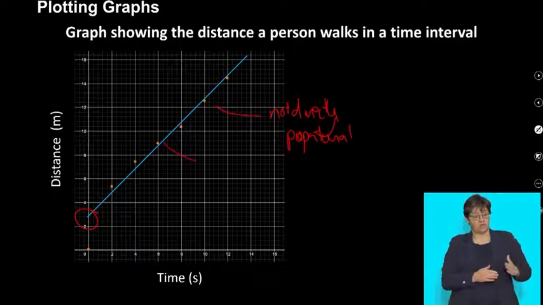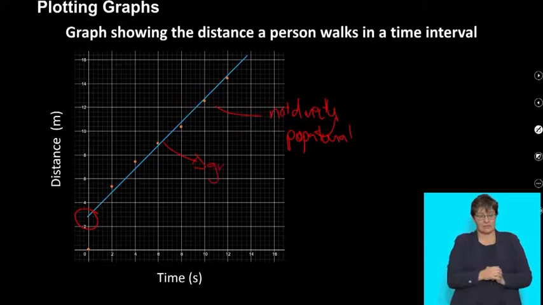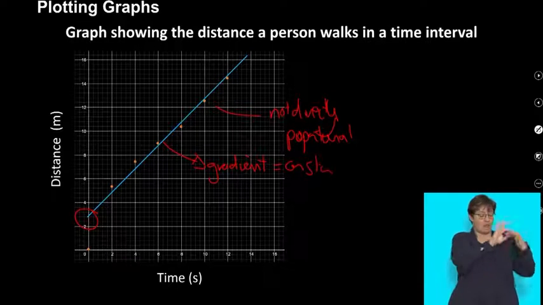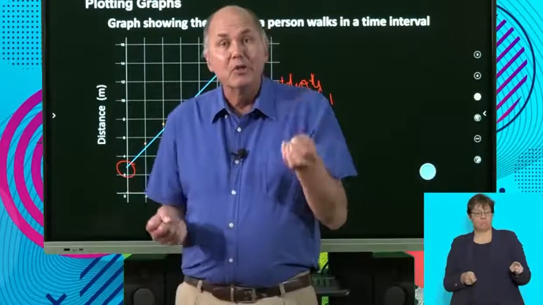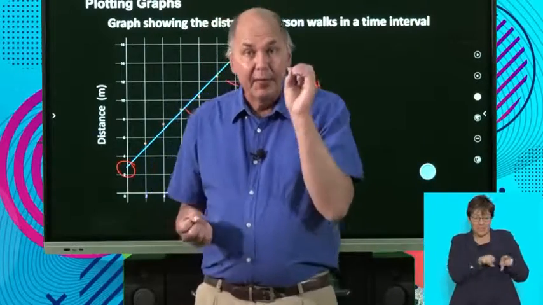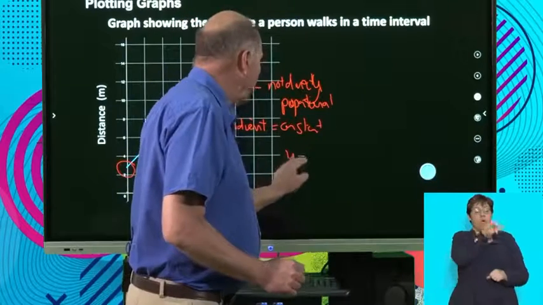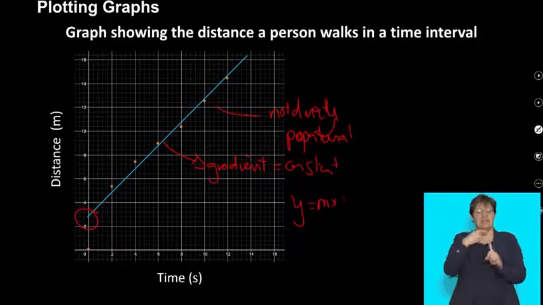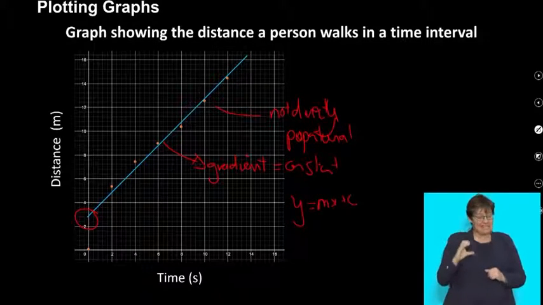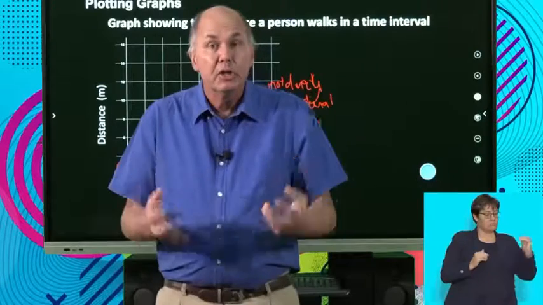The gradient is constant, it is equal to a number, but it doesn't mean that if you double the one, you're going to double the other, because in this type of graph, the equation is related to the full equation of y equals mx plus c, and the c factor stops it being totally proportional.